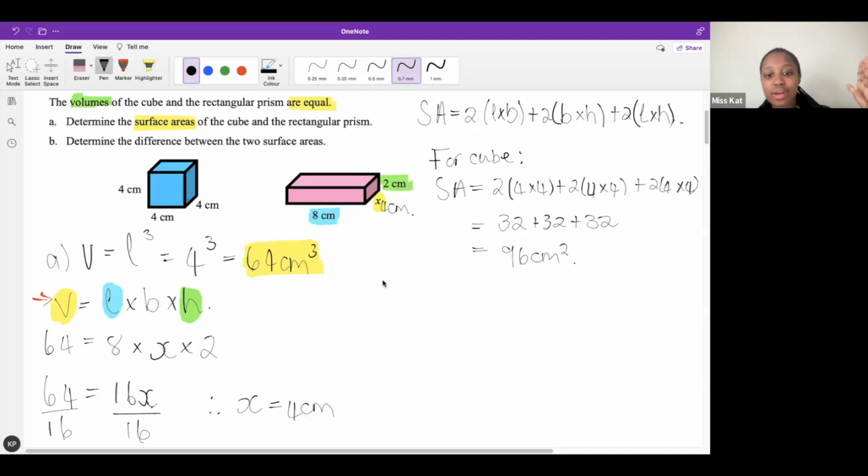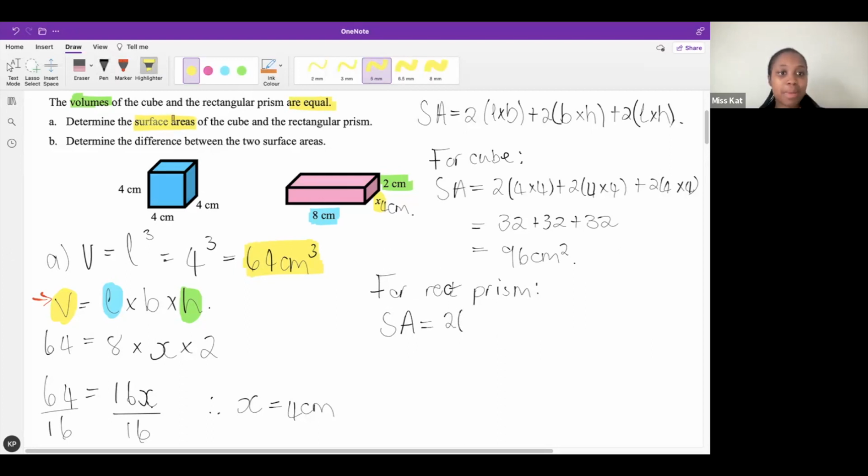Now let's do it for the rectangular prism. We're using the same formula, right? We're just doing it now for the rectangular prism, which is the pink shape. So I'm going to say surface area equals, this time, what is my length and what is my breadth? SA means surface area.